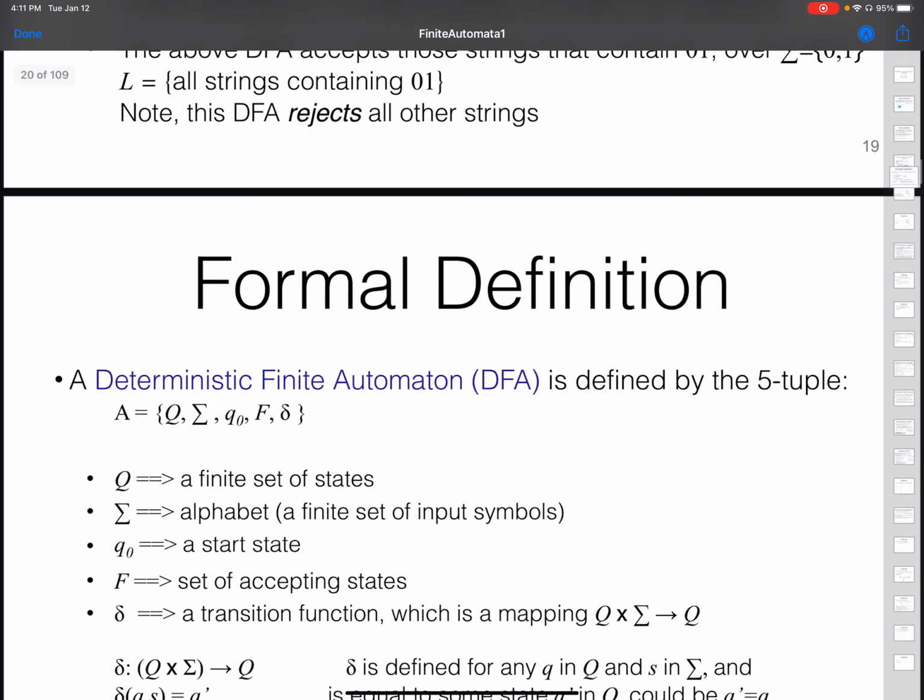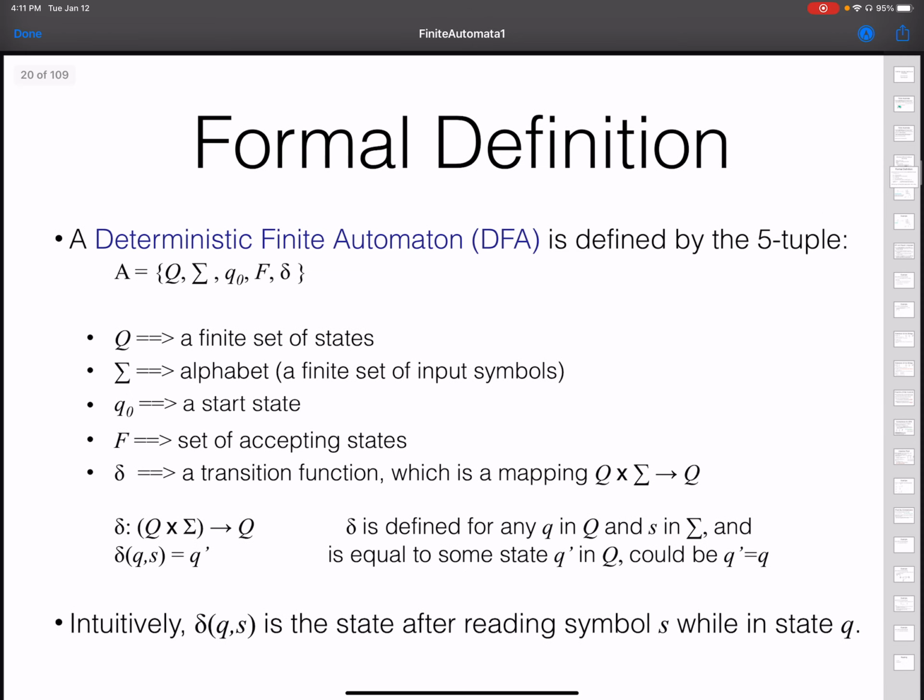Let me show you now the formal definition of a DFA. We define a deterministic finite automaton using a 5-tuple, 5 different components. The first component is Q, which is going to be a set of states. In the previous example, this is going to be Q0, Q1, and Q2. So it tells you that we have a set of states. This is important: the number of states is going to be finite. You are going to have an alphabet.